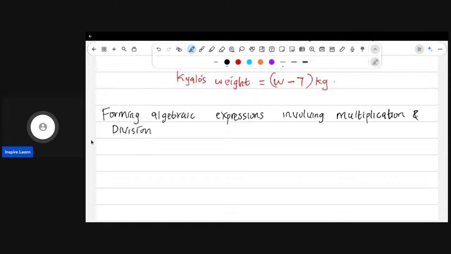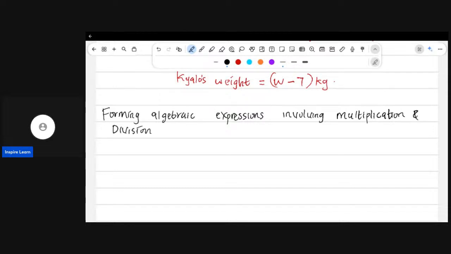You have already dealt with algebraic expressions that involve addition and subtraction. So let's see what is going to happen.